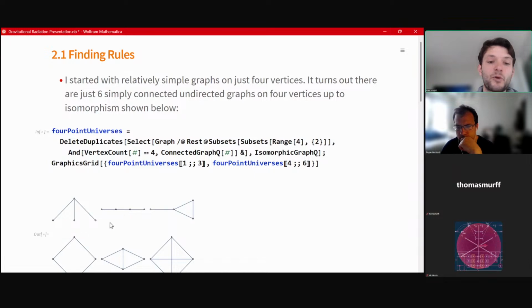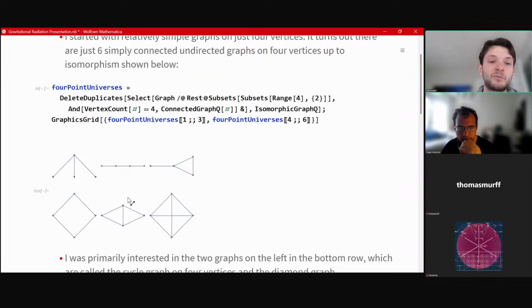So I started with just 4 points. And it turns out that if we're looking at simply connected, undirected graphs, where the orientation of the edge isn't specified, there are only 6 of them up to isomorphism on 4 vertices. So I started with these 6 graphs and was thinking about which ones would be the most promising.